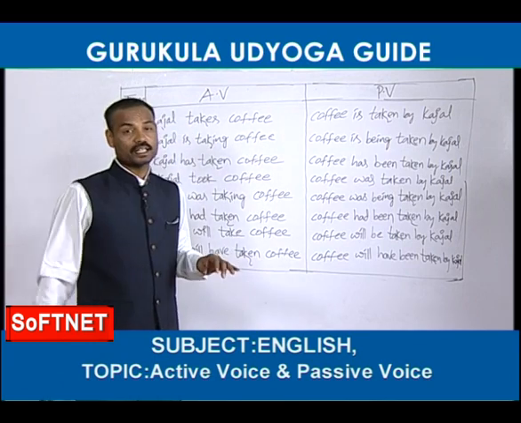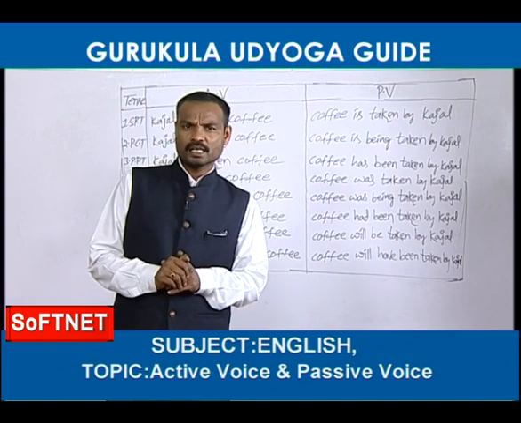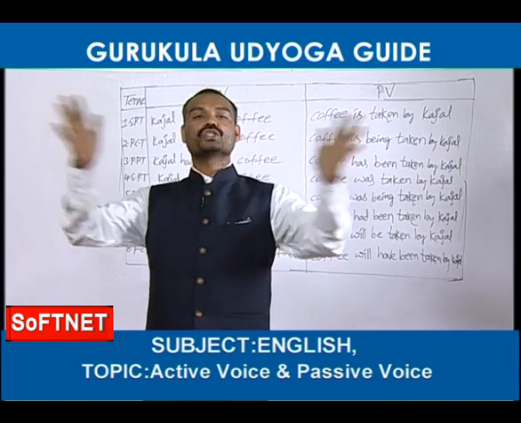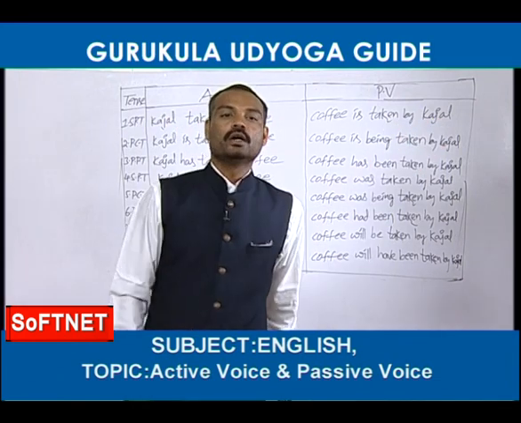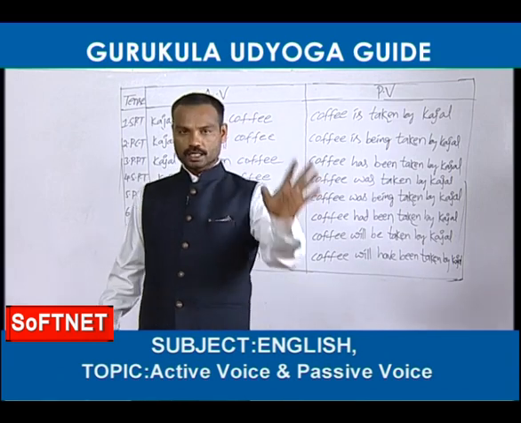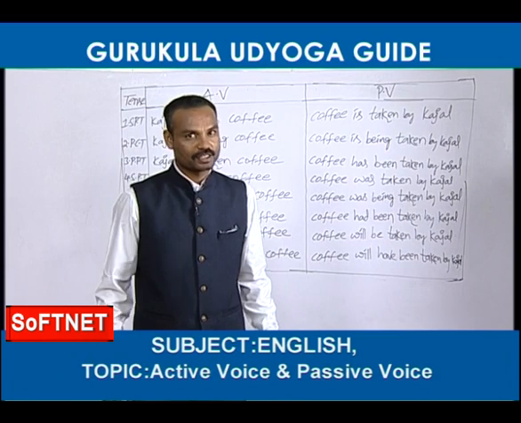Next, past perfect continuous. Can we find out any passive for past perfect continuous? There is no passive. So that's it. Let's enter future. In future, there are 4: simple future, future continuous, future perfect, and future perfect continuous, friends.